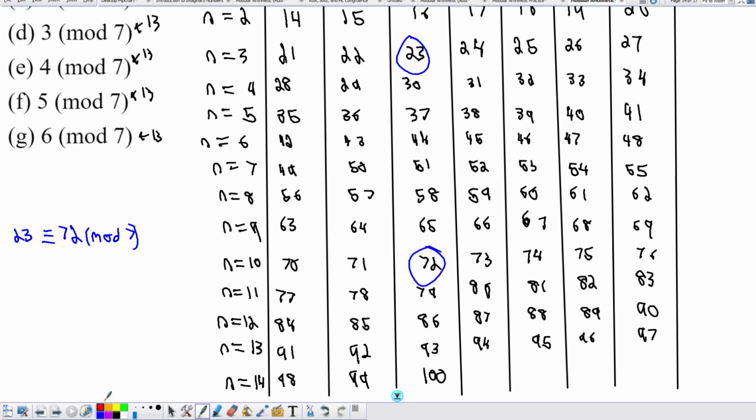I could take something in this row, so 34 and 90. Now I know that 34 is congruent to 90, which is congruent to 6 mod 7, because it's in the 6th column.